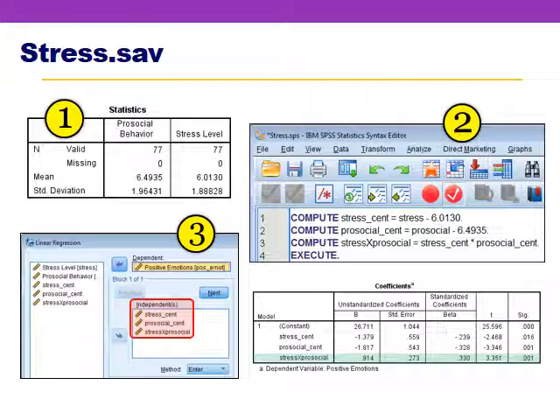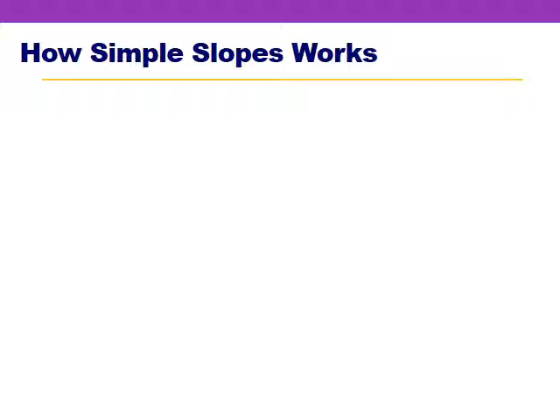Okay, so all we know so far from this is that the relationship between stress and happiness depends on prosocial behavior. We don't yet know what exactly that means, but we know that somehow all 3 of these variables are related to each other. If we want to make sense of it, we're going to do a simple slopes analysis.